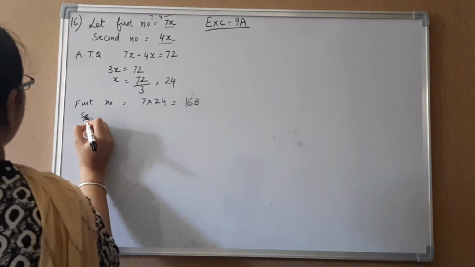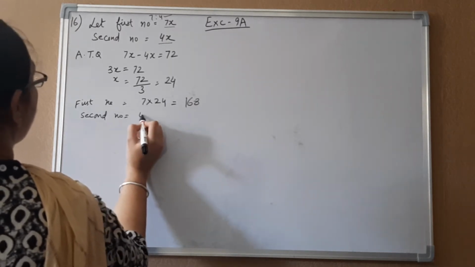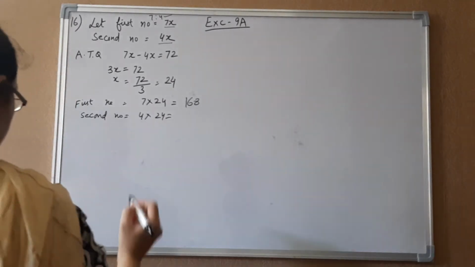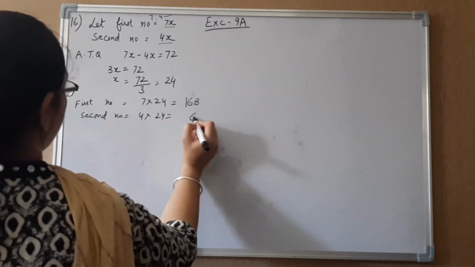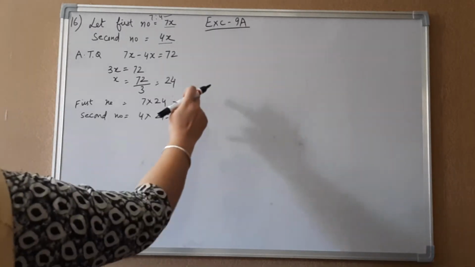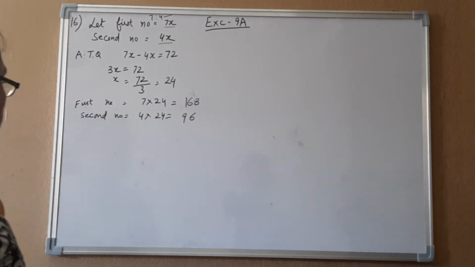And the second number is 4 into 24, which is 96. To check your answer, subtract these two, the difference should be 72.